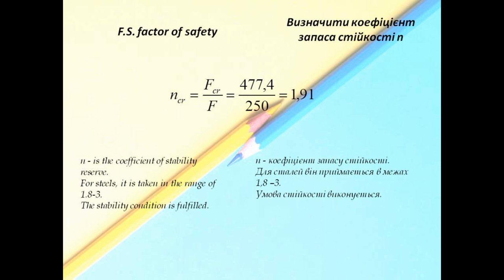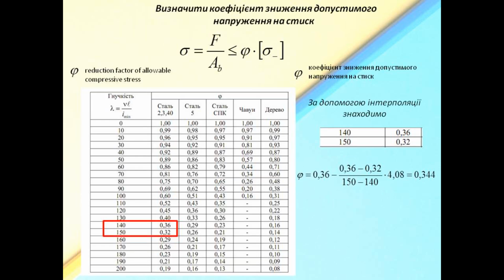This is last but not least. I am going to look at some information which is also very important. If you look at the formula for stress in the column, you will find some factor, phi. What is this?